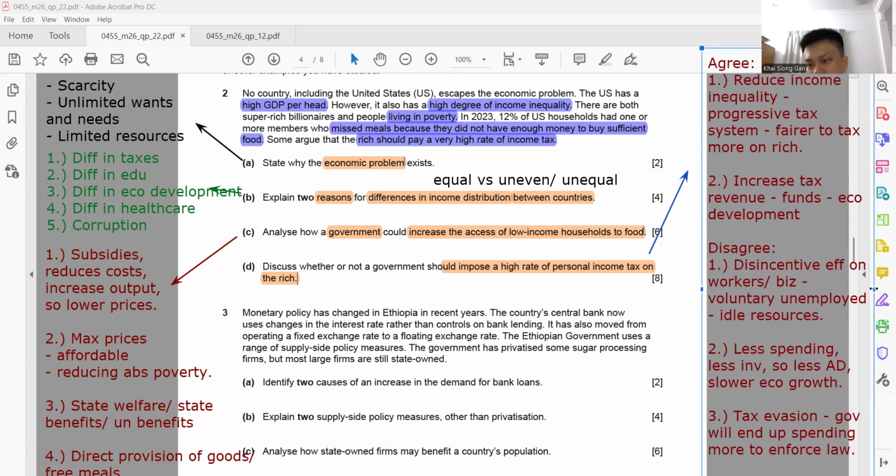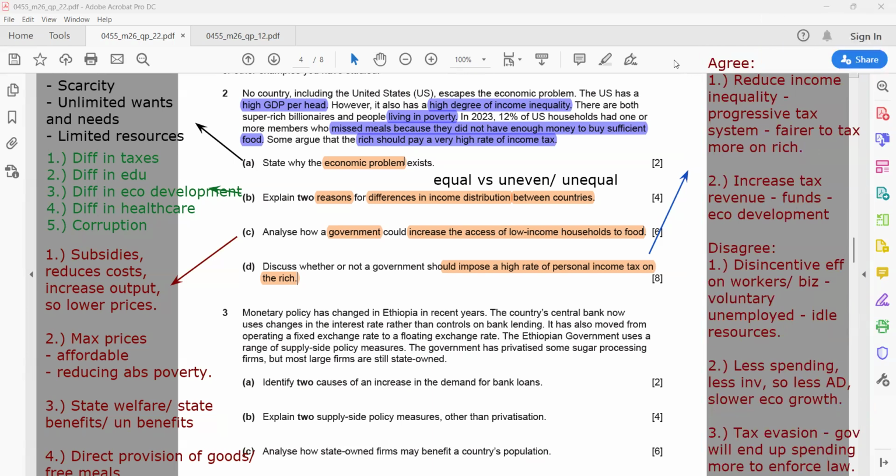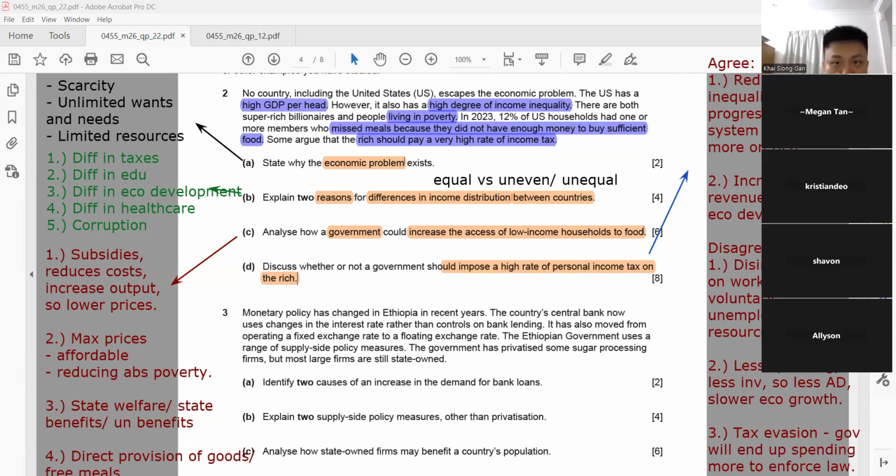So these are the answers. Choose any 2 points to agree and 2 points to disagree. Okay?